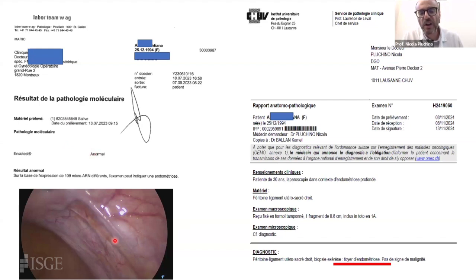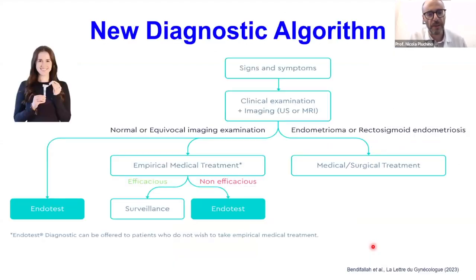We have the laparoscopic confirmation of at least 1 centimeter on the left uterosacral ligament, superficial endometriosis, and here on the right side of the screen you see the confirmation of the presence of endometriosis at the histological level. That is in French, that confirms the presence of endometriosis.